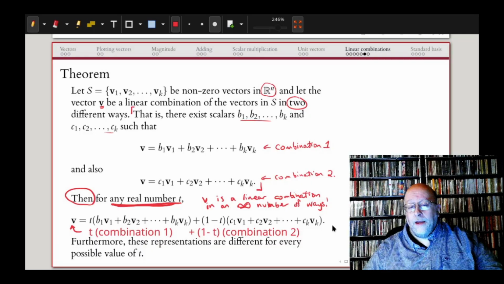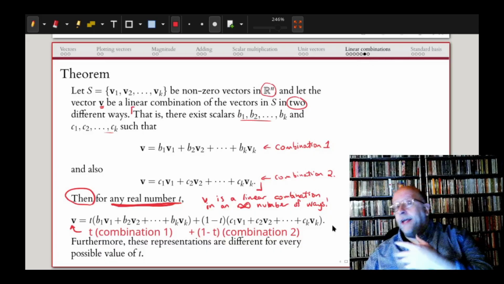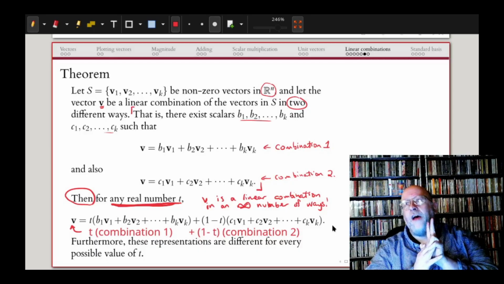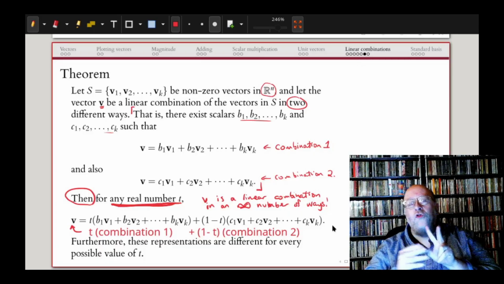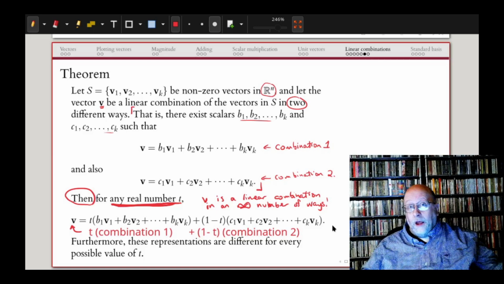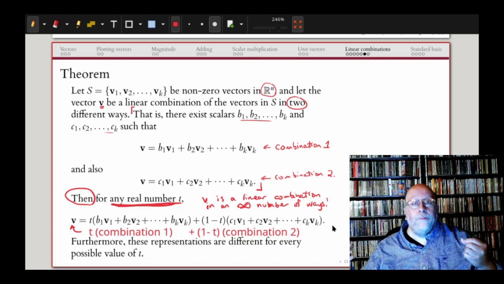That should be exciting. What implications this has for engineers and builders and designers and creative people is that as soon as you have identified two ways of building a linear combination, those two ways open up an entire spectrum of combinations from which then you can choose a linear combination that optimizes for some priority of yours.